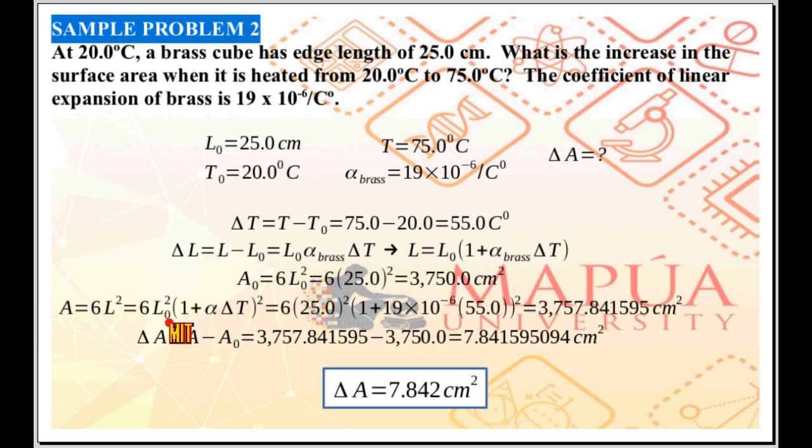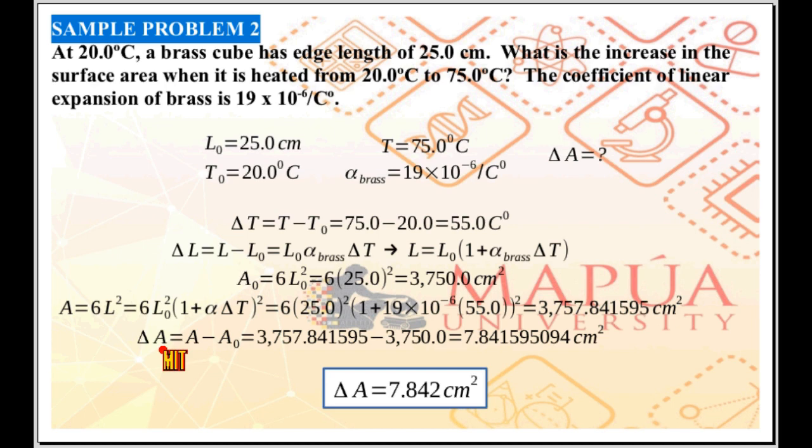Plug in the values. We know L naught, we know alpha brass, and delta T we know to be 55 Celsius degrees. So we are able to calculate the final area to be 3,757.841595 centimeter squared.